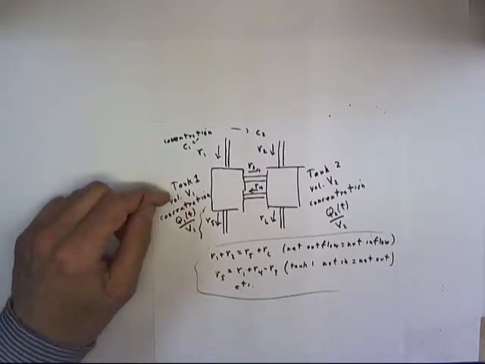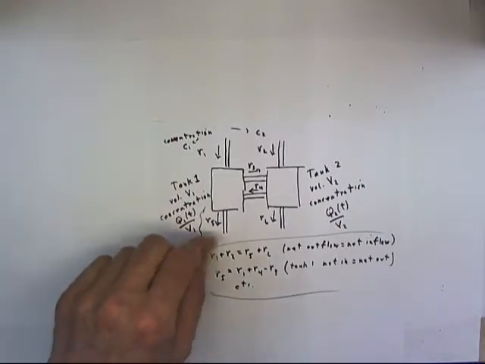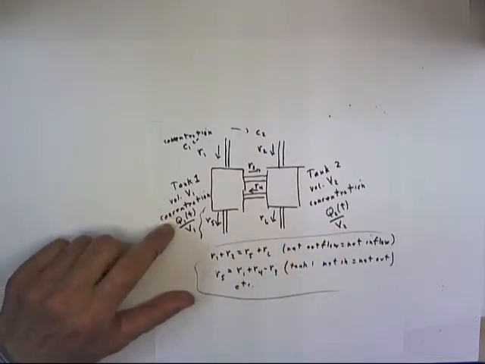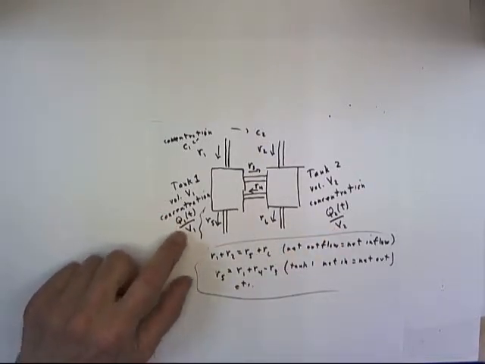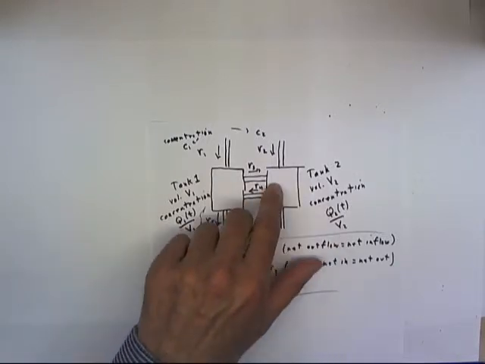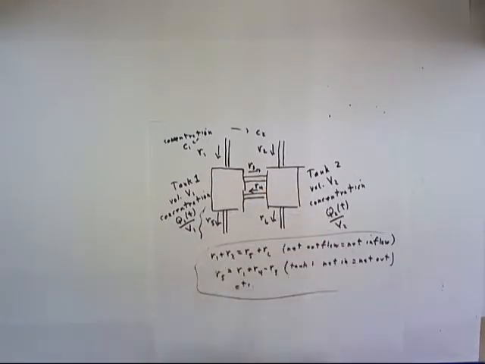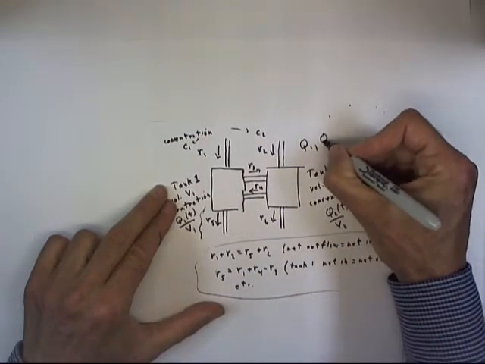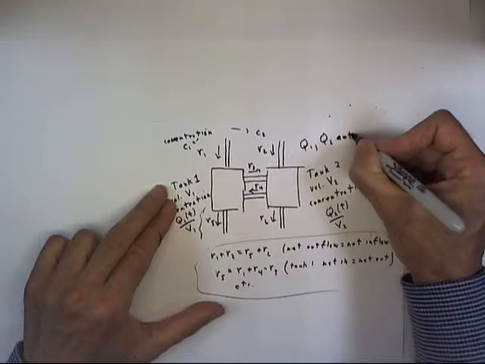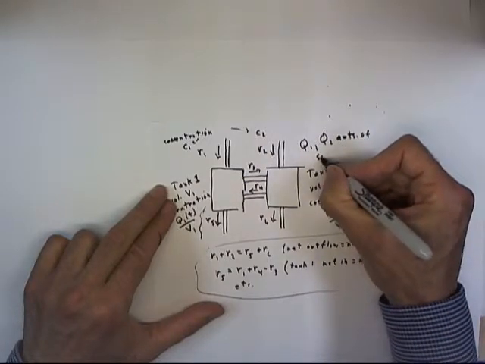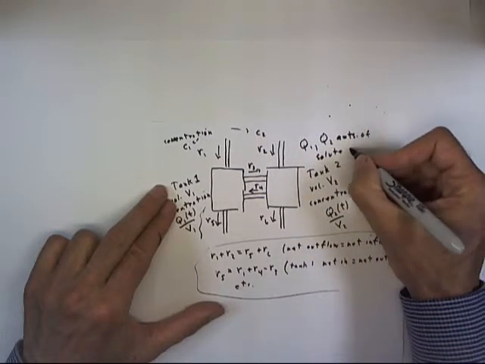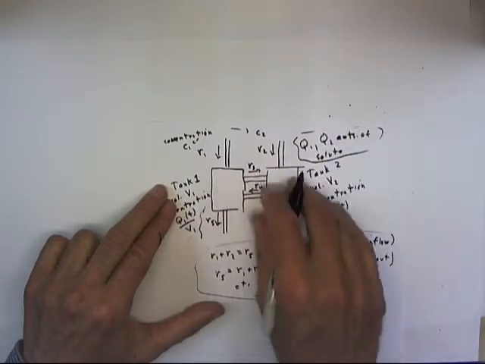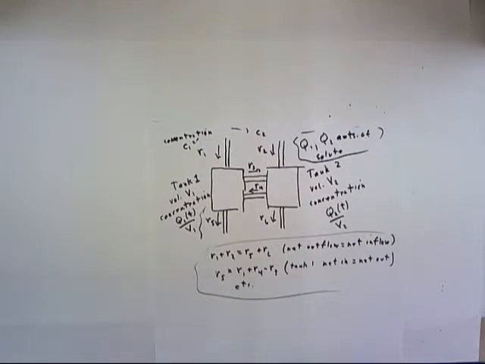We'll let V1 stand for the volume of tank 1, V2 for the volume of tank 2, and the concentration in tank 1 will be Q1 of T over V1, and the concentration in tank 2, Q2 of T over V2, where Q1 and Q2 are the amounts of the solute in the two tanks and so forth. I'm not going to write that out.